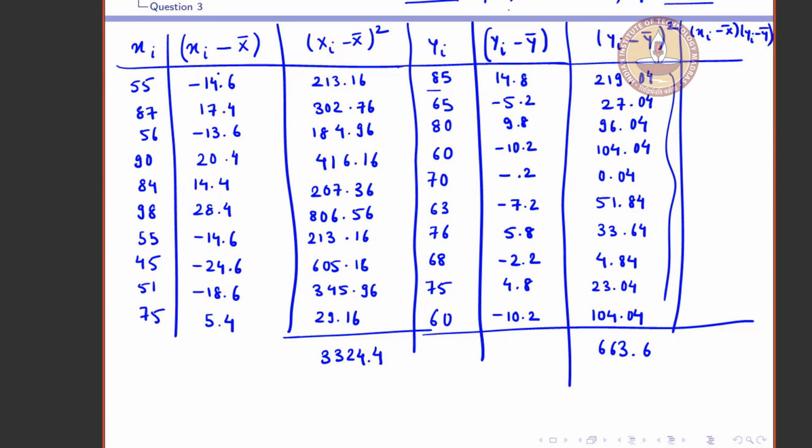So let's multiply this column and this column. So minus 14.6 into 14.8, this is going to be minus 216.8. This is going to be minus 90.48. This is going to be minus 133.28. This is minus 208.08.